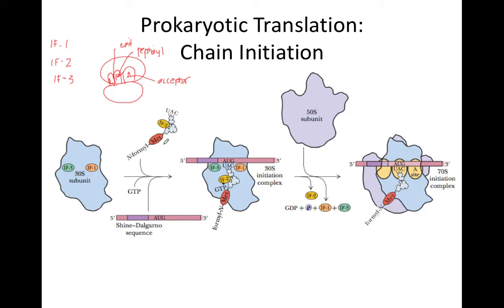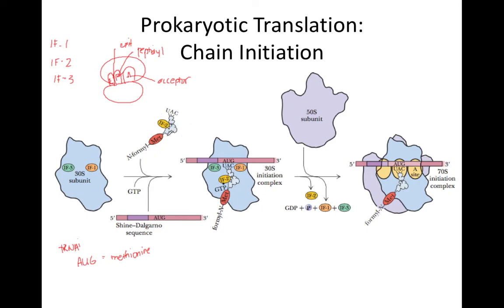So the next thing that happens is your initiation factor 2, or IF2, brings the initiator tRNA. The initiator tRNA is largely called tRNAi. While the initiator tRNA responds to AUG, which codes for methionine, this methionine is a special methionine because it is for initiation.